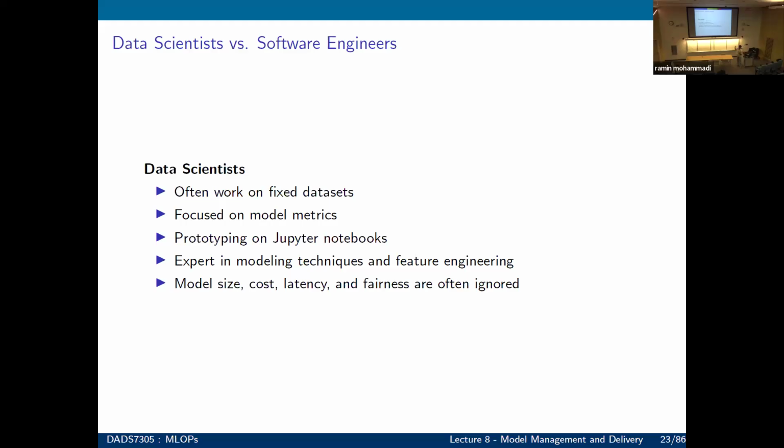Data scientists are normally experts in modeling techniques and feature engineering, because that's the core definition. They're really good at feature engineering, coming up with statistical analysis, building new features, and then building the model itself. What they don't care about is the model size, cost, latency, and fairness.